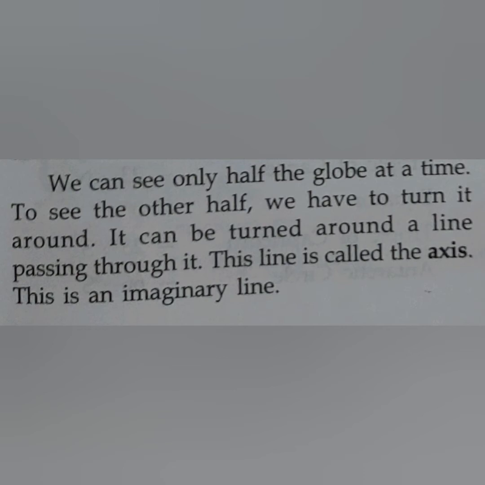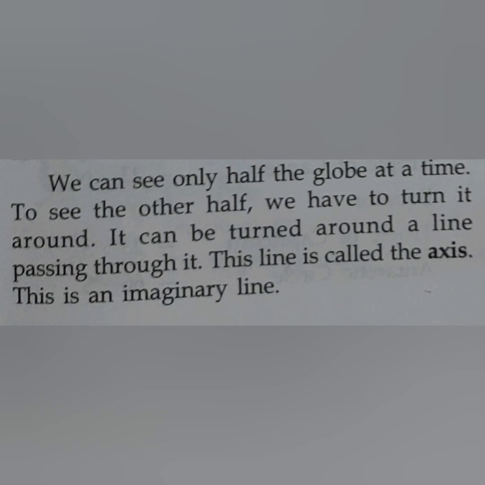Students, as you all know, the Earth is round in shape and we can see only half the globe at one time. It is not possible to see the complete globe at one time. To see the rest of the globe, we have to turn the globe.